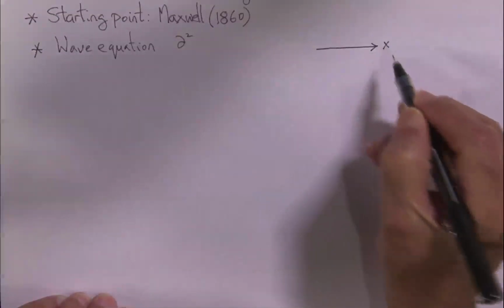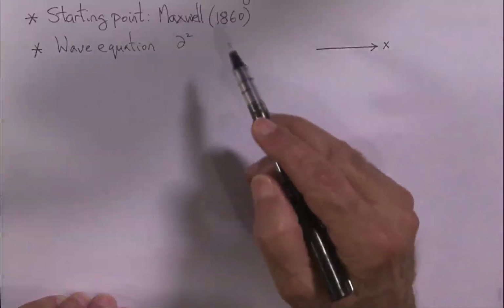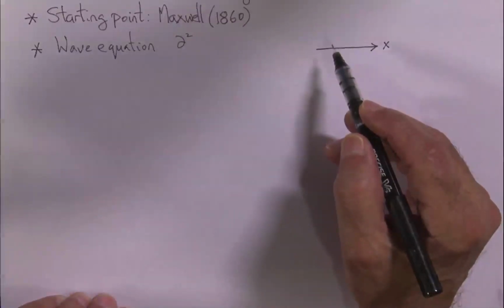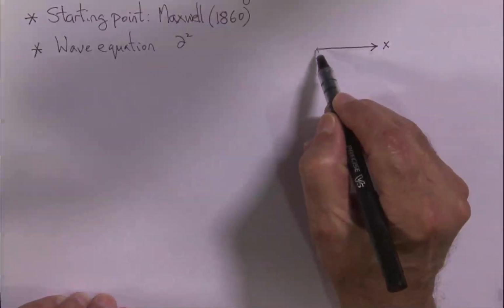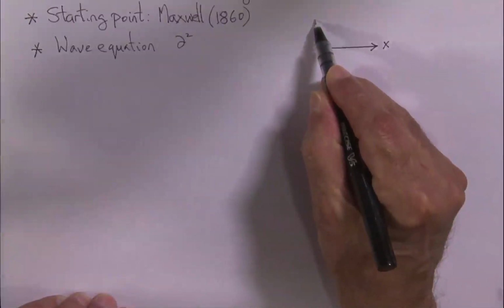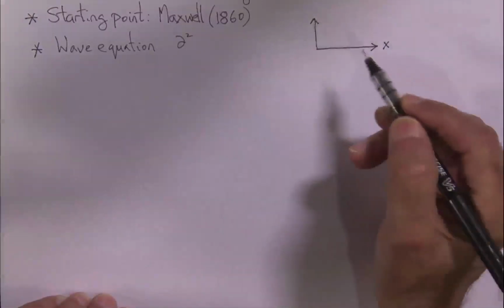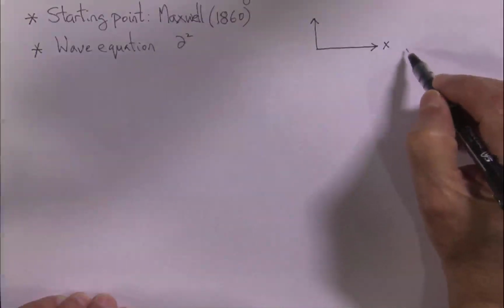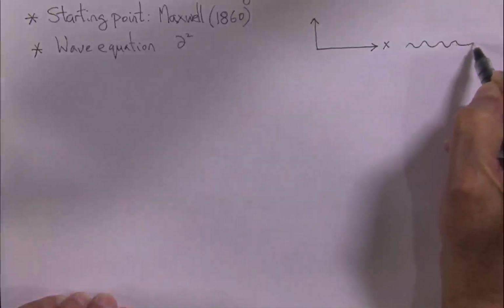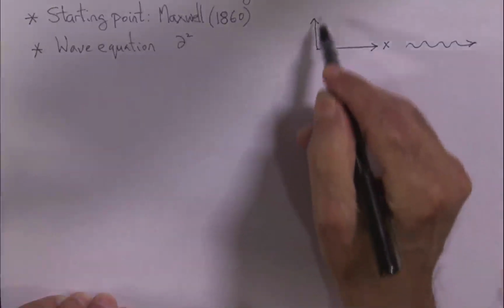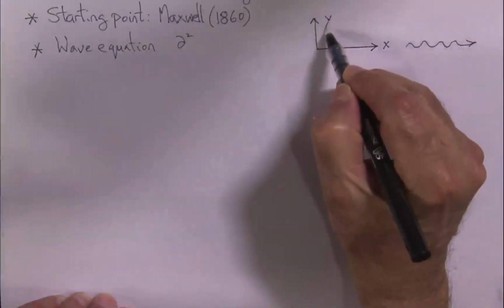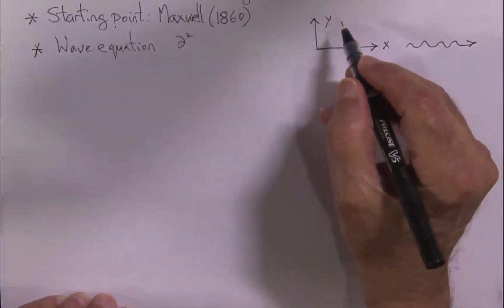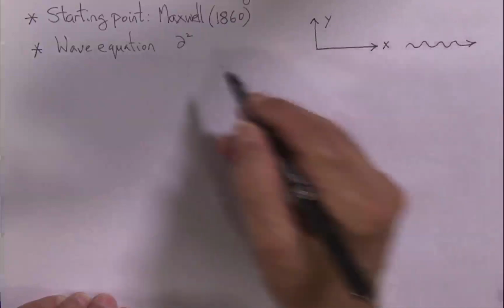the x direction. Now, from Maxwell's equations, you can prove that the electric field will be perpendicular to the direction of travel. So the wave is going like this, and perpendicular to this is the y direction. And in the y direction is the electric field Ey.